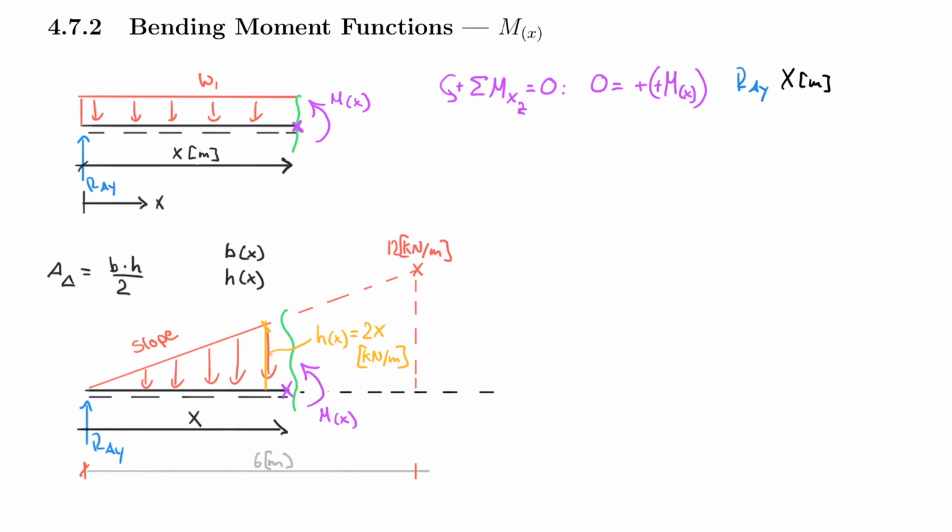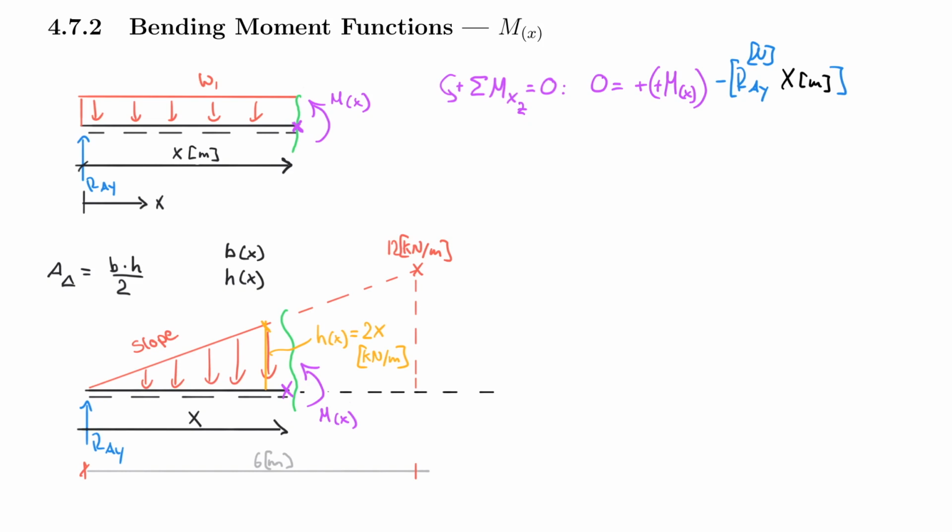And that rotates clockwise, therefore the whole thing should be negative. By the way, this is in kilonewton, let's say, or I guess we used newtons before, so let me put that in newtons. And now we have the Ray taken care of.